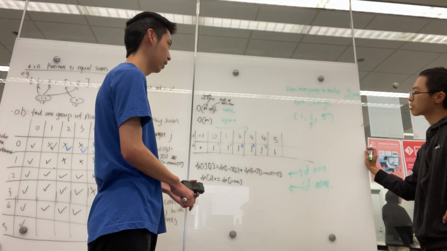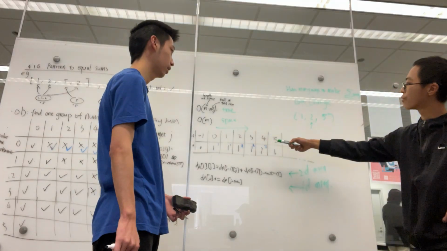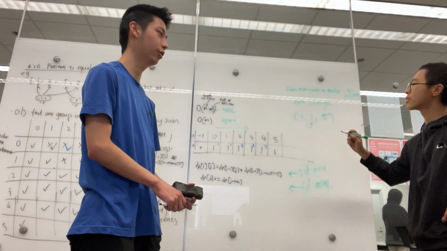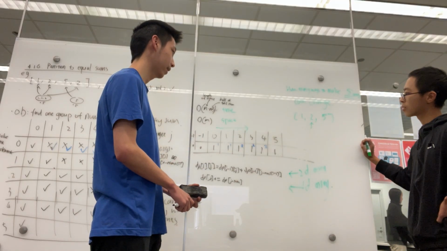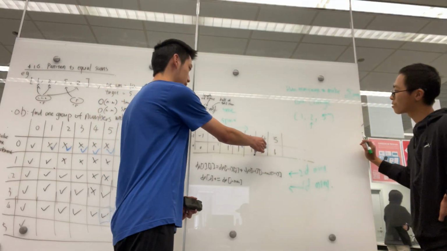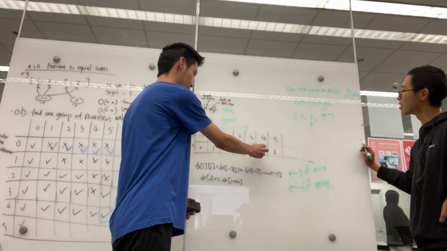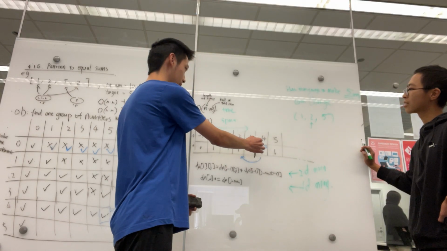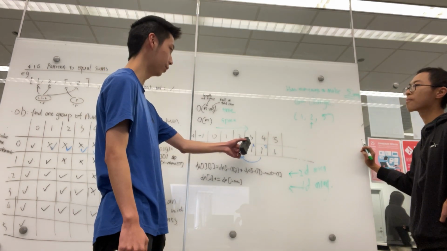So that means we want to make the target 4, using just 1 and 2. When calculating target 4, we look back 2, and we see a 2 here.